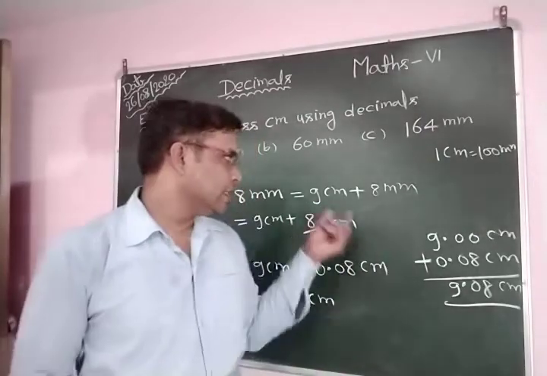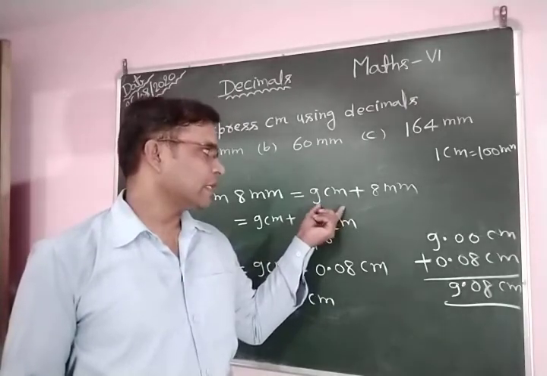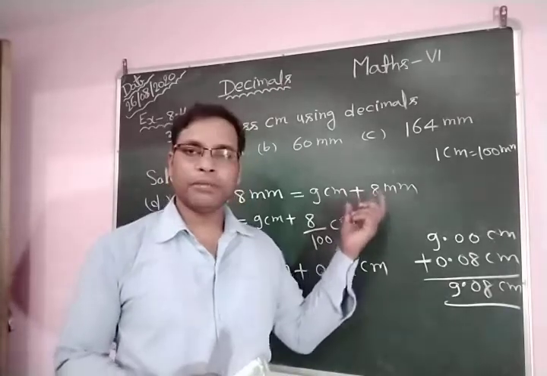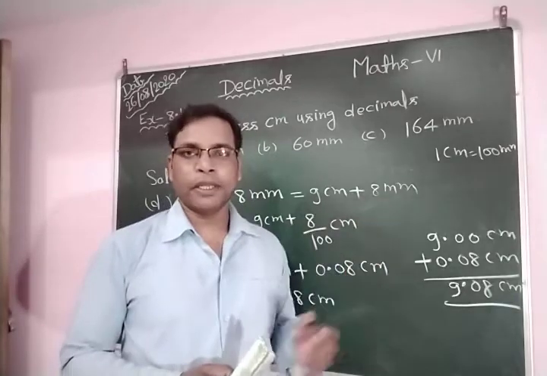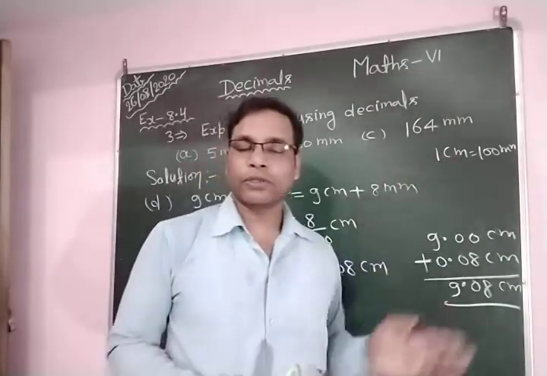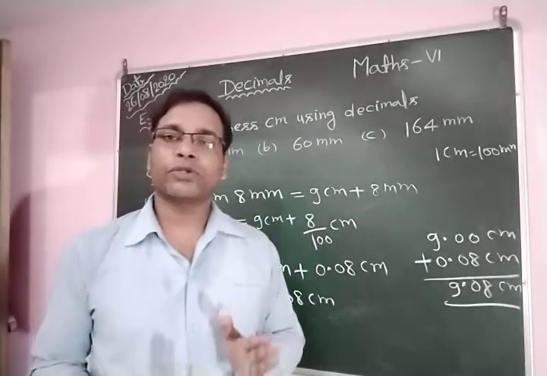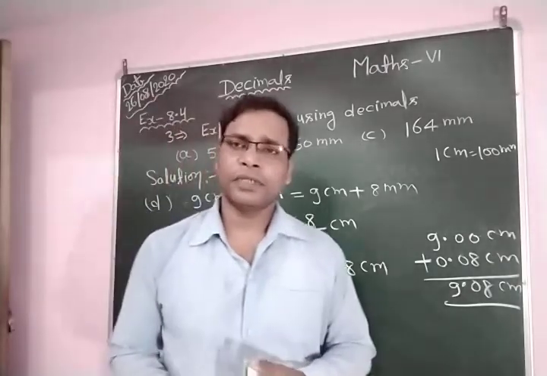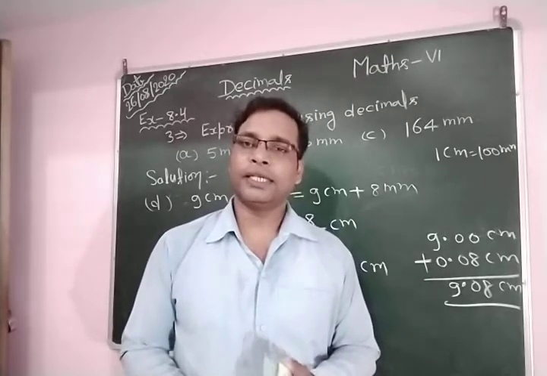We write 9 centimeter as it is, but we need to convert millimeter into centimeter. For this we know that 1 centimeter is equal to 100 millimeter, or 100 millimeter is equal to 1 centimeter, or simply 1 millimeter is equal to 1 upon 100 centimeter.